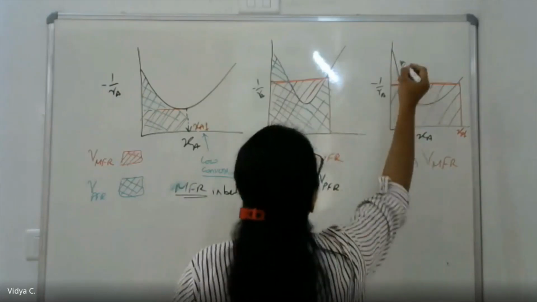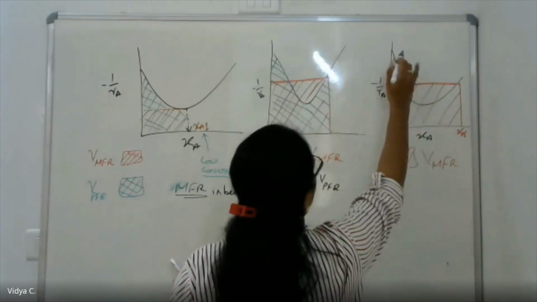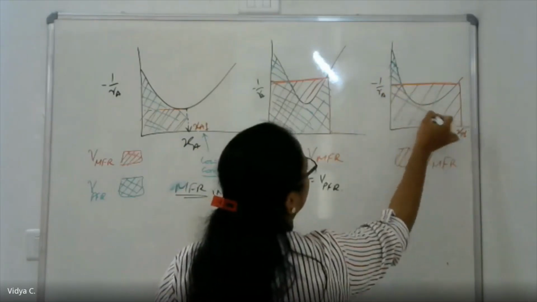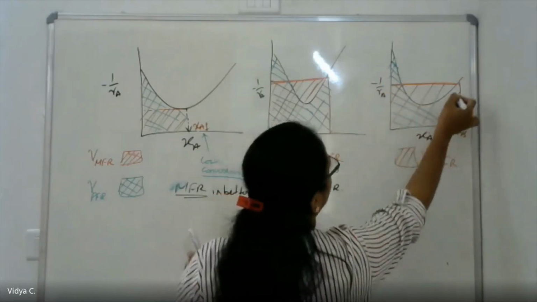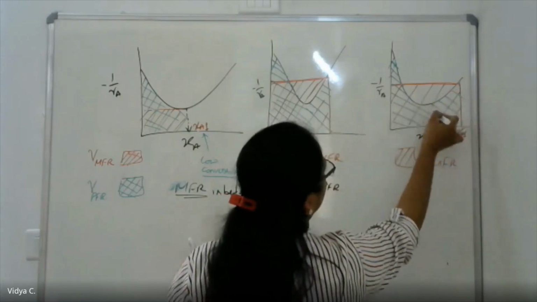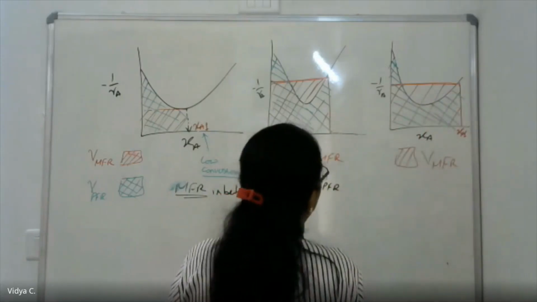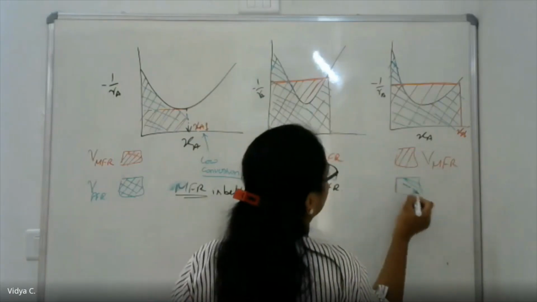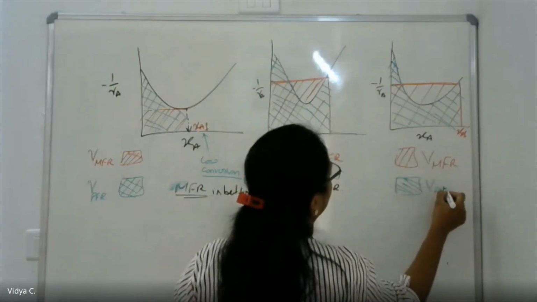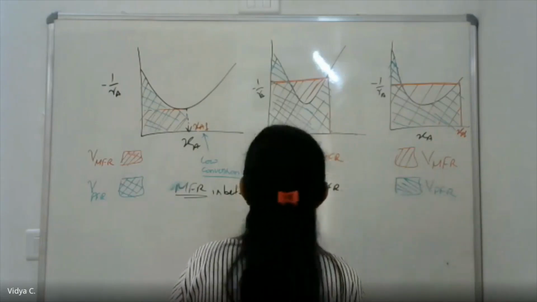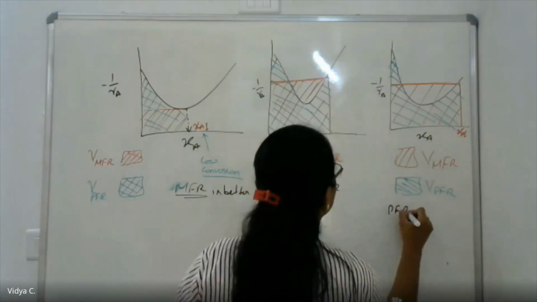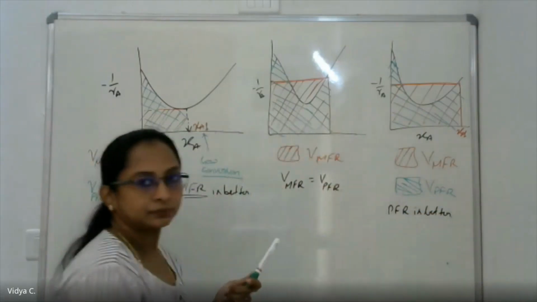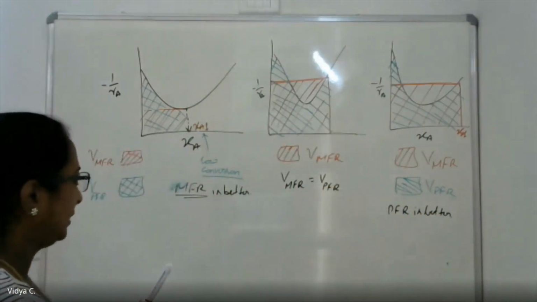And if I am trying to find PFR, it is the area under this curve only. So which is lesser? The volume of PFR is lesser, which means PFR is better here.